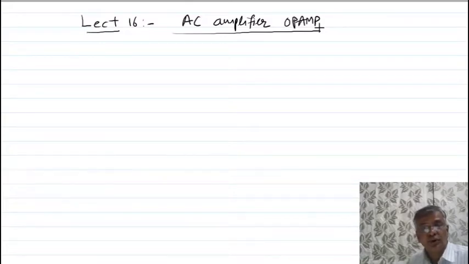So, to stop the amplification of such noise or small DC level, a blocking capacitor is required, and this blocking capacitor does not only block DC but also puts a limit on the lower cutoff frequency of the amplifier circuit.